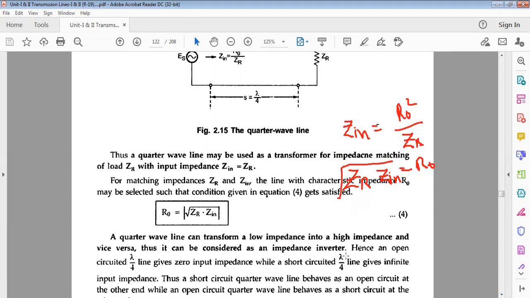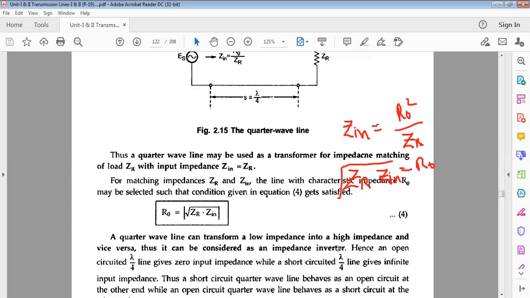Okay, for the matching impedances ZR and Zin in the line with characteristic impedance R0, it may be selected such that the condition is satisfied: R0 is equal to under root of ZR into Zin. A quarter wave line can transform a low impedance to a high impedance, vice versa. Hence, an open circuited lambda by 4 line gives zero input impedance, while a short circuited lambda by 4 line gives infinite input impedance.